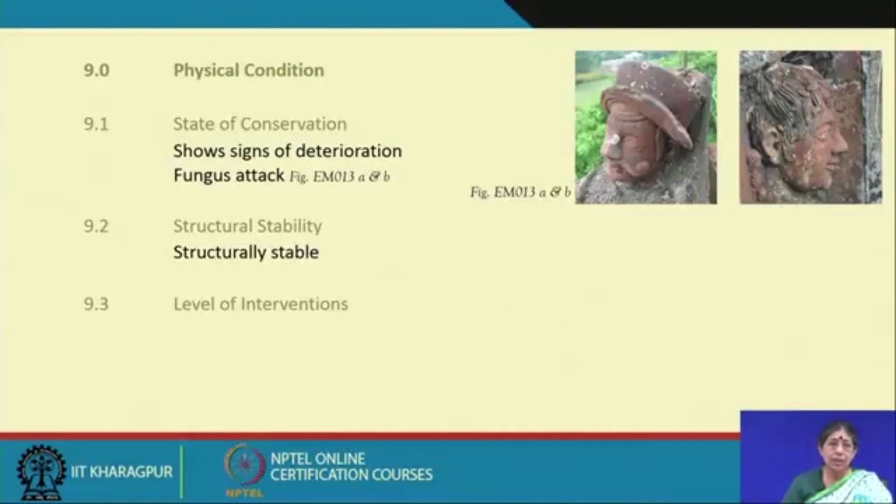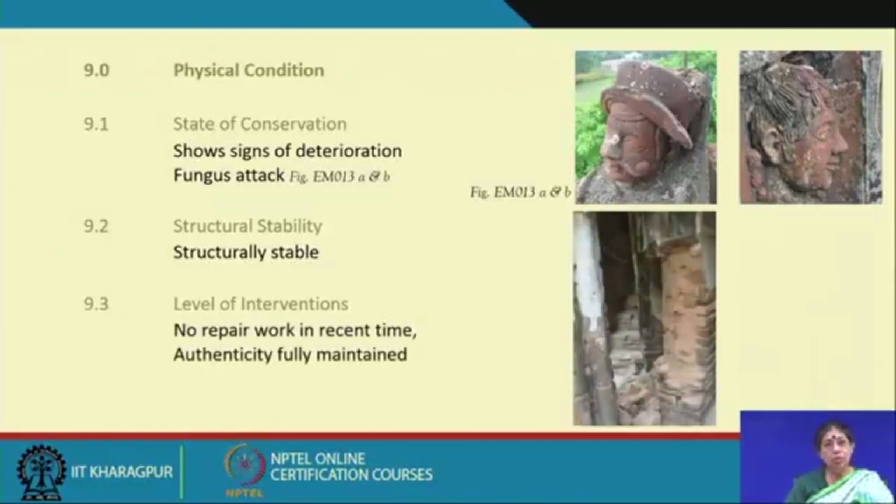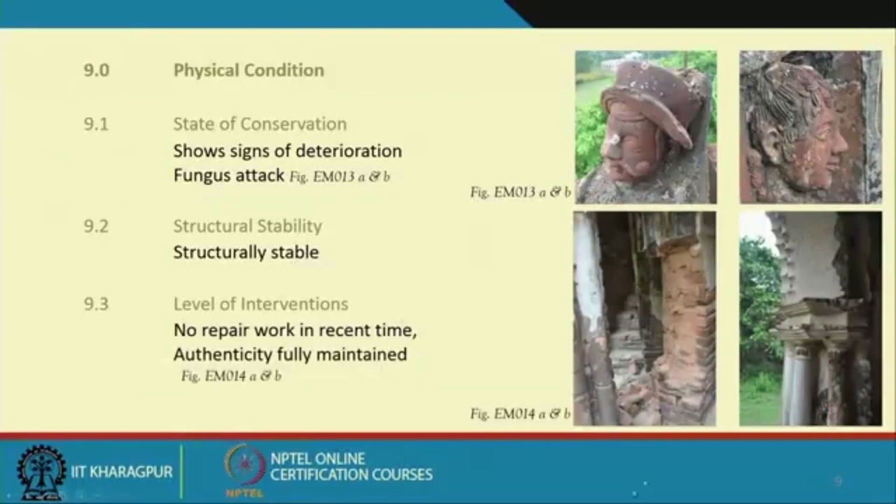Some other examples we have seen were probably quite recently taken care of by the family. So, it does not look bad, but this cannot continue. As for the level of intervention, fortunately no repair work has been done in recent times.